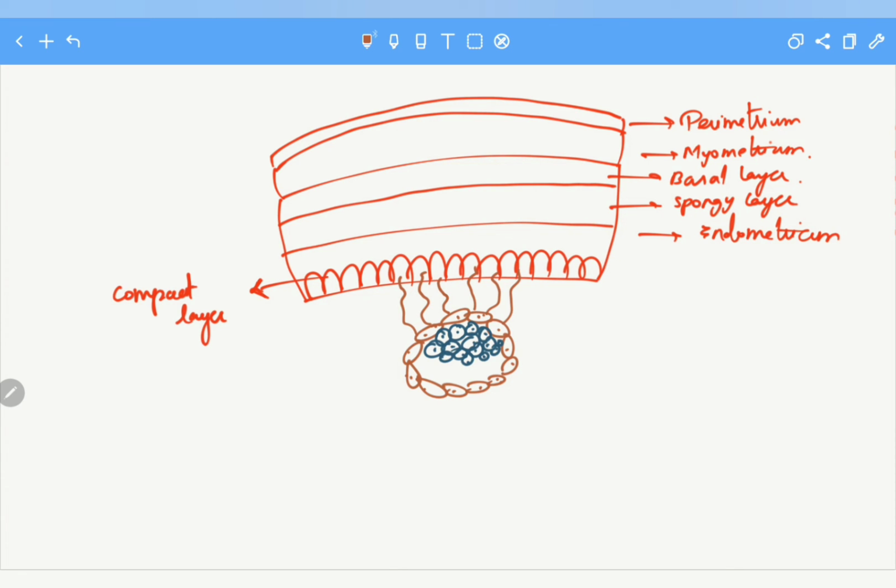So when the blastocyst comes in close contact with the endometrium, the selectins from the blastocyst rise, and the receptors in the endometrium catch hold of the selectin molecules arising from the blastocyst, and it helps in the implantation of the blastocyst. So the molecule is called selectins, and this implantation is further strengthened by integrins.